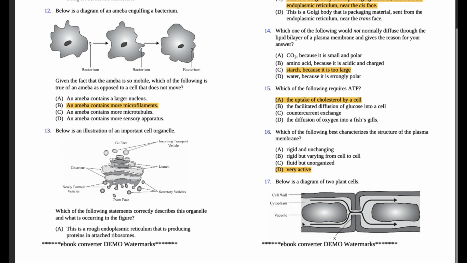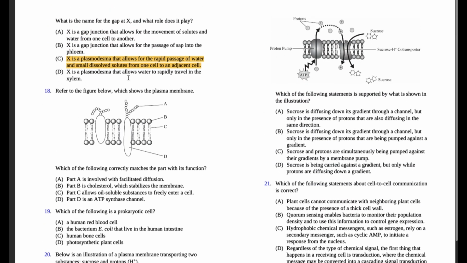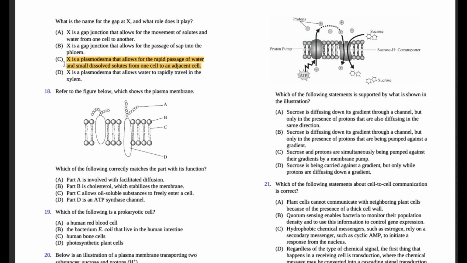You can see that the cytoplasm is traveling across them, and the reason that I choose this is because it's called plasmodesma, not a gap junction, because gap junction is a word for animal cells. So it's about cell communication, and if you cannot do this question, I would recommend you to review that part.